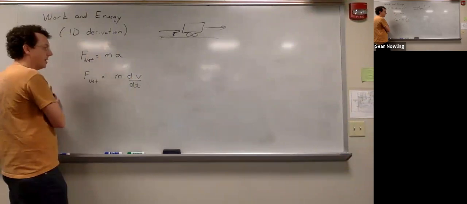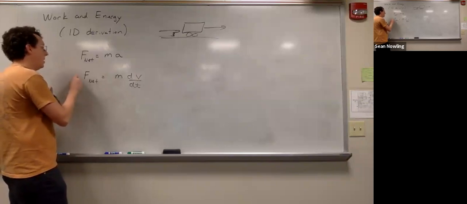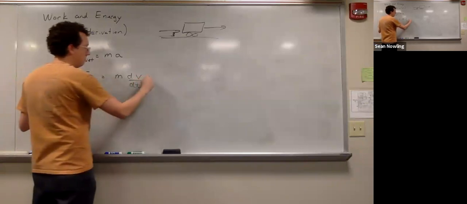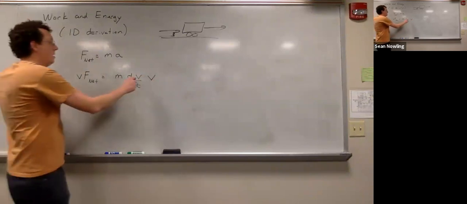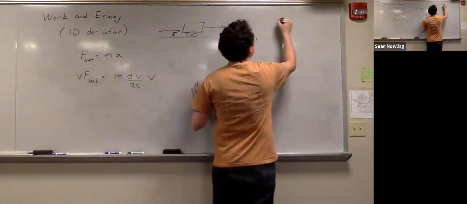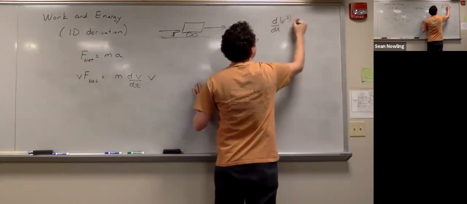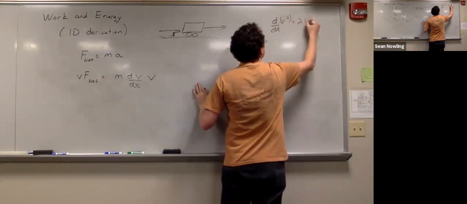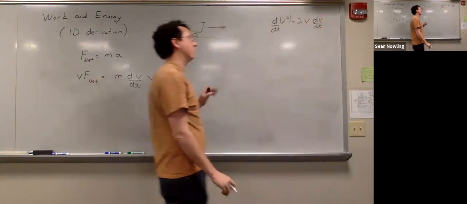Now, here's the trick that I don't think I would have thought of when I was a student, but after you see it once, hopefully you can remember it. Multiply both sides by velocity. Then notice something: the derivative with respect to time of velocity squared equals twice the velocity times the derivative of velocity with respect to time, using the product rule.